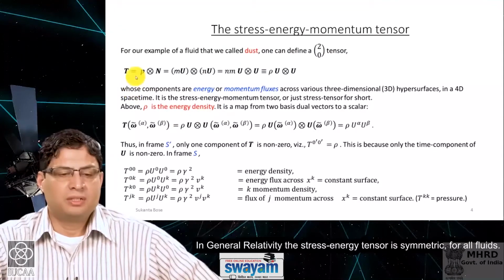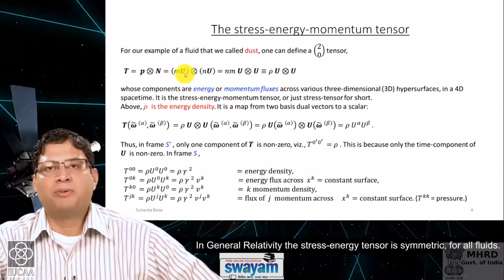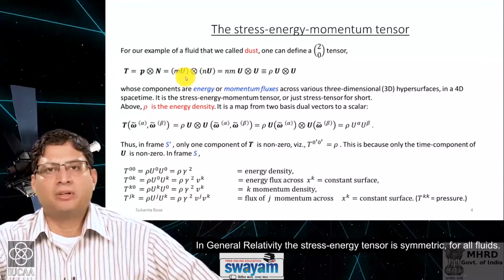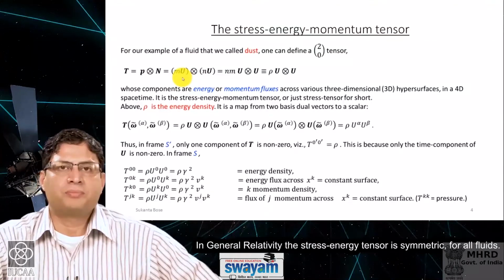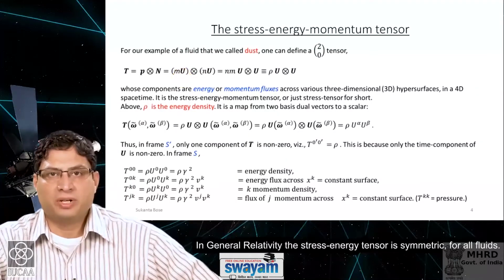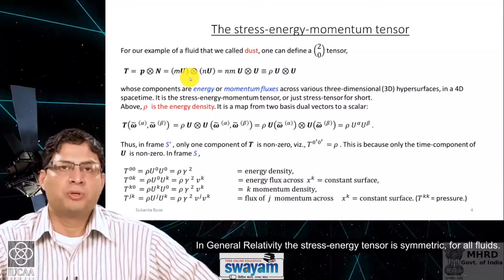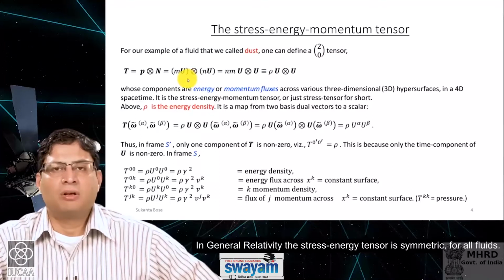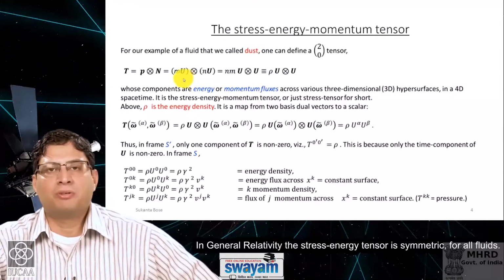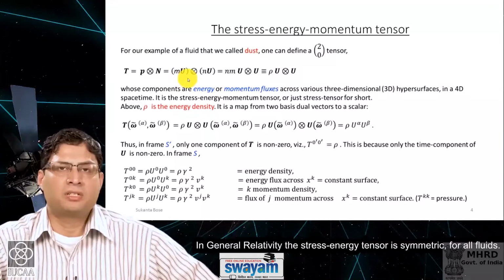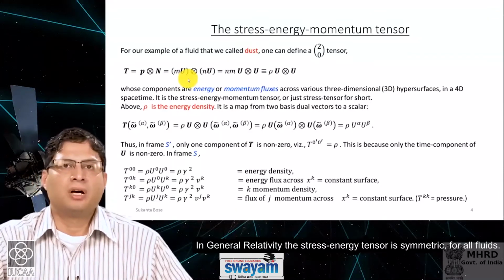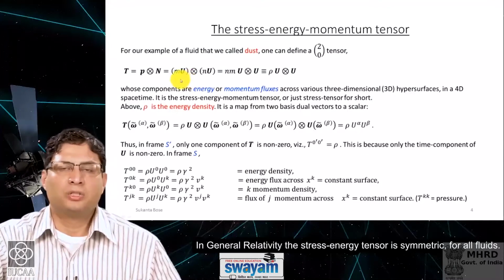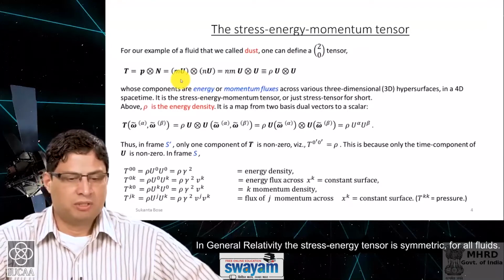We know that vectors such as u were defined as 1-0 tensors that acted on the dual basis vectors to produce scalars. Or more generally, a 1-0 tensor acts or is a map from a dual vector to a scalar, right.